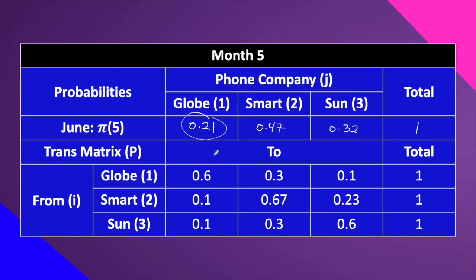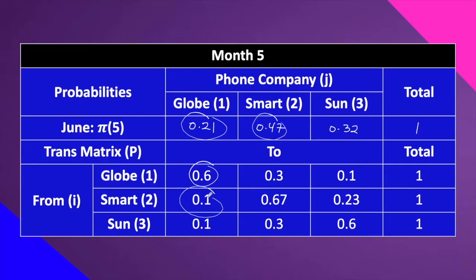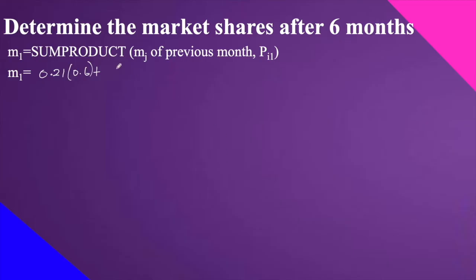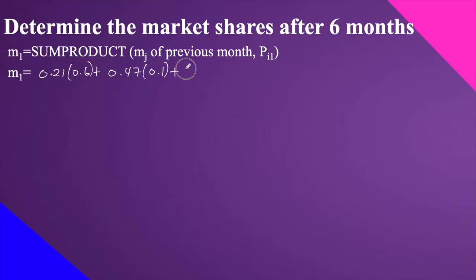So 0.21 times 0.6 plus 0.47 times 0.1 plus 0.32 times 0.1, and this is equivalent, guys, to 0.20, meaning to say we have 20% market share for the Globe after 6 months.